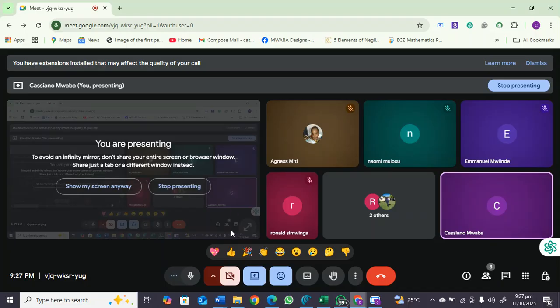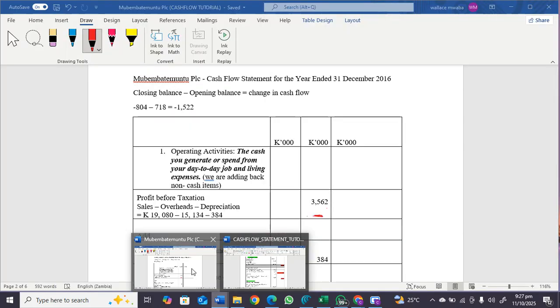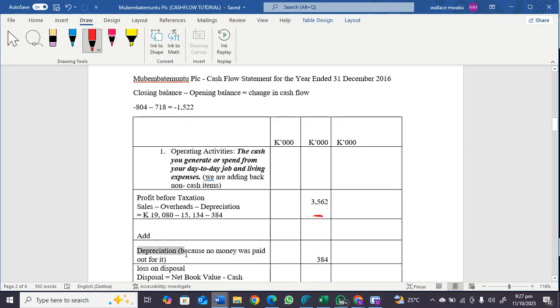The first non-cash expense we need to add is depreciation, the loss in the value of an asset. The more you use an asset, due to wear and tear, its value reduces.